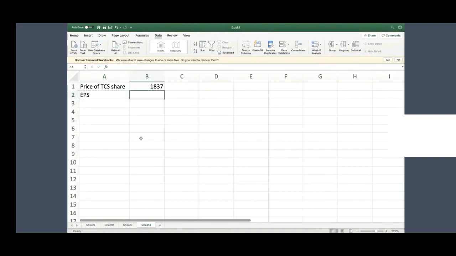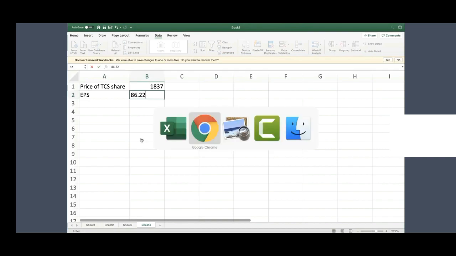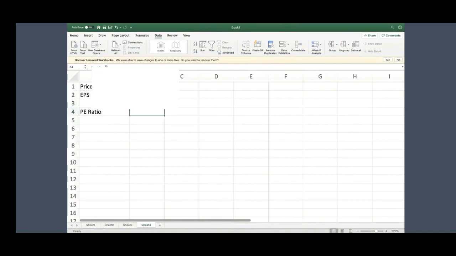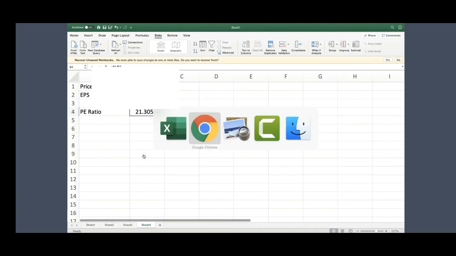EPS is 86. We will take 86.22 because this is what Screener has given, so it will be easy for us to match the data. Now EPS is 86.22. So PE ratio is nothing but price to earning ratio. So price is 1837 and earning per share is 86.22 and the PE ratio is 21.30.